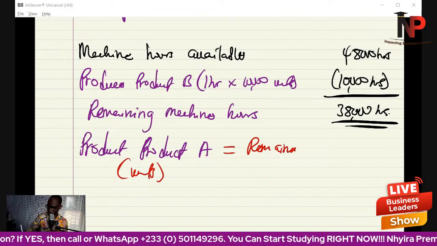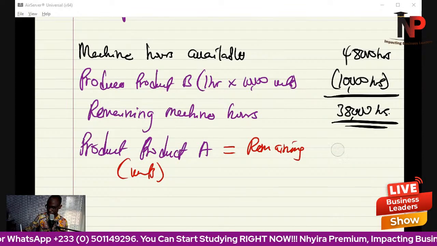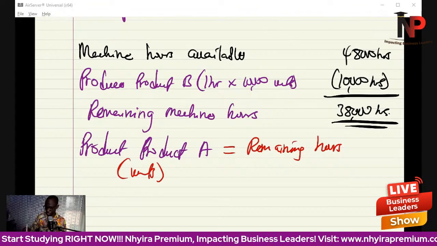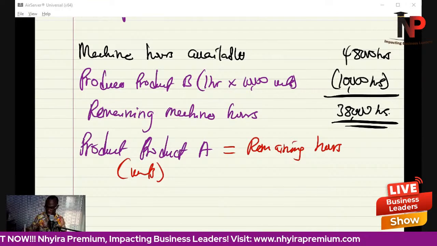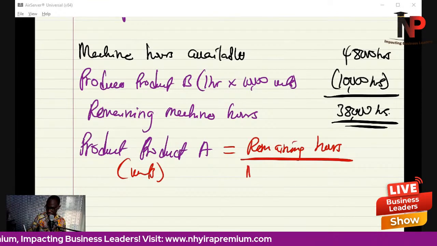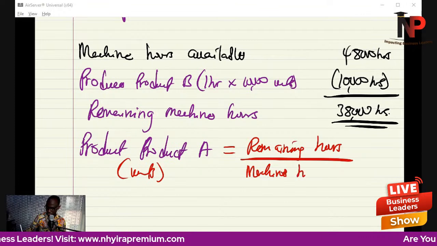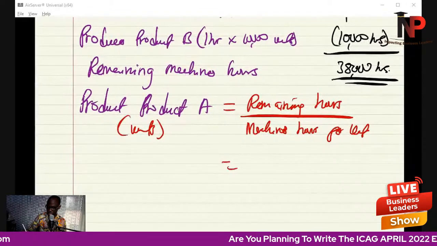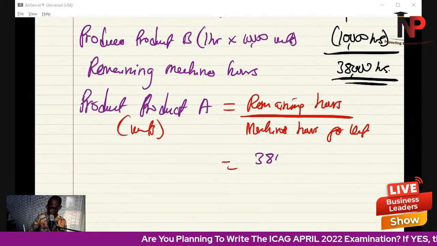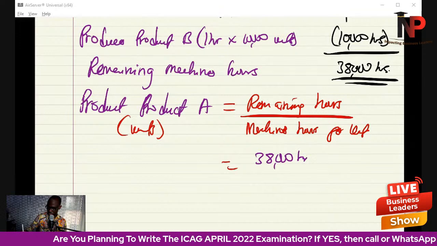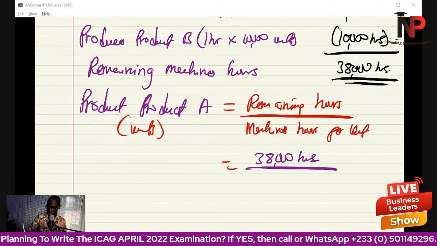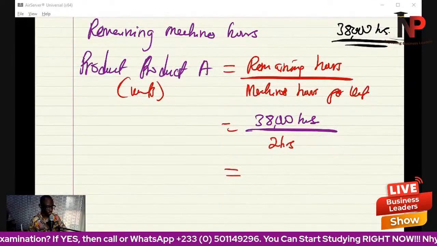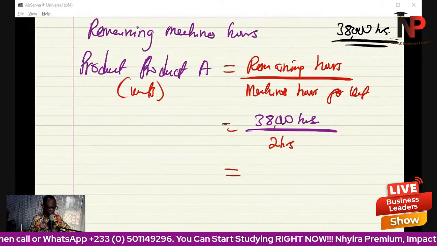We bring in the remaining hours, then we divide that by the machine hours per unit. So if you look at it, we are left with 38,000 hours. And product A uses 2 hours per unit. So 38 divided by 2, that is going to be an amount of 16.